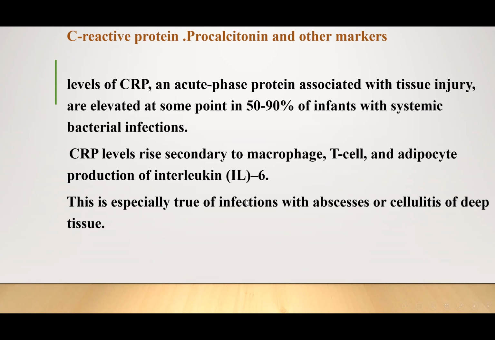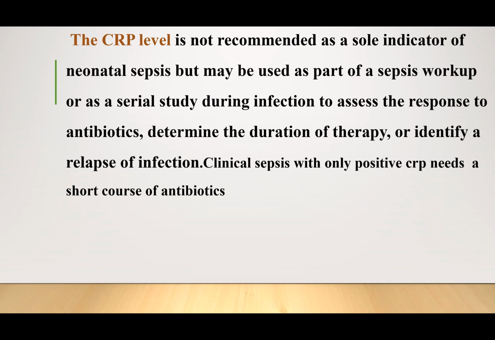This is especially true of infection with abscess, cellulitis, and deep tissue. But as a sole marker it is not a sign of infection unless the baby has clinical signs. The CRP level is not recommended as a sole indication of neonatal sepsis, but may be used as part of sepsis workup or as a serial study.